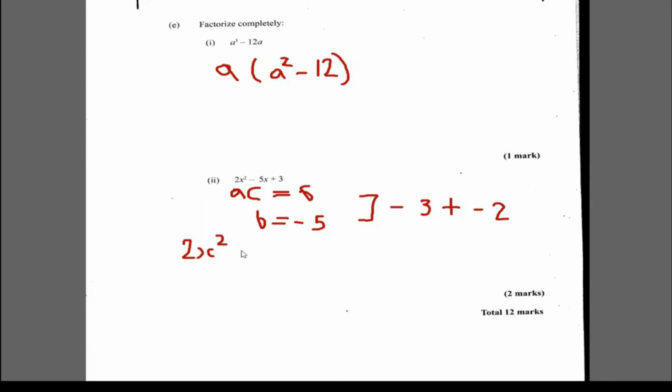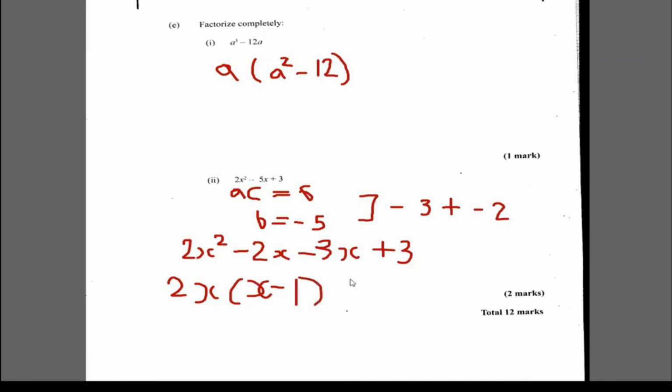And so what we're going to do is rewrite this as x squared, and instead of minus 5x, we say minus 2x minus 3x plus 6. Then we factor out x from the first two terms, and we're left with x minus 2. Then we factor out minus 3 from the last two terms, and we're left with x minus 2.